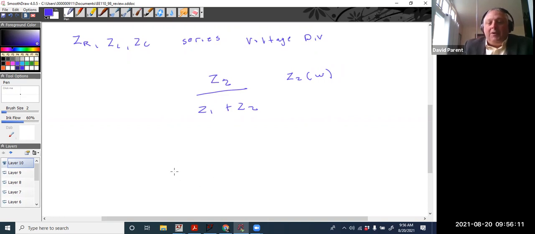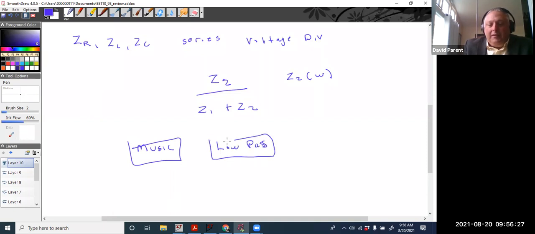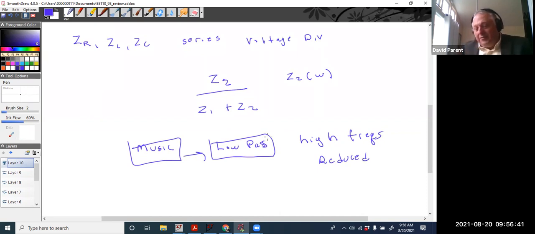Now, what that really means is that if you're playing some music and you put it into the low pass filter, the high frequencies are reduced.